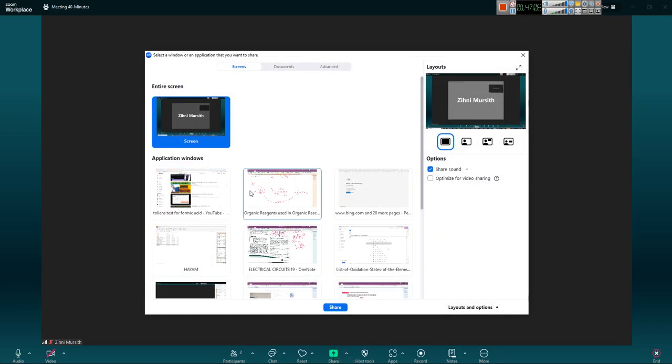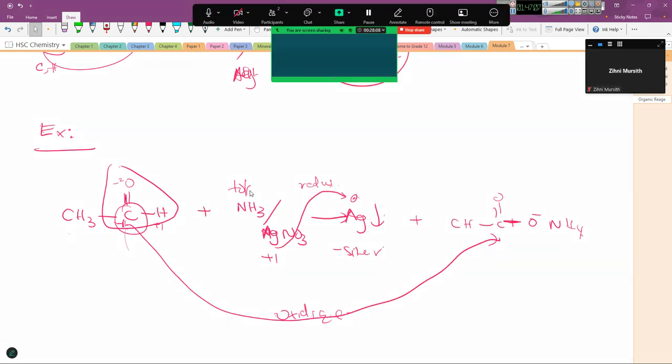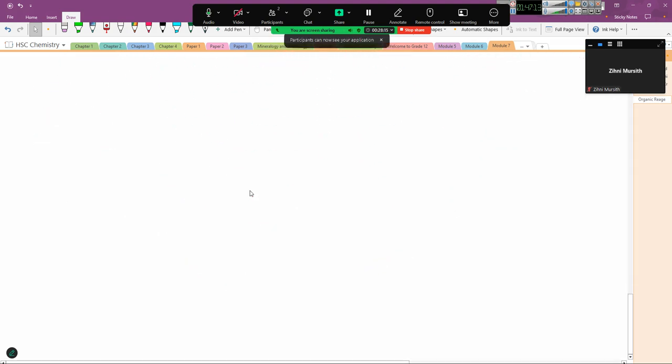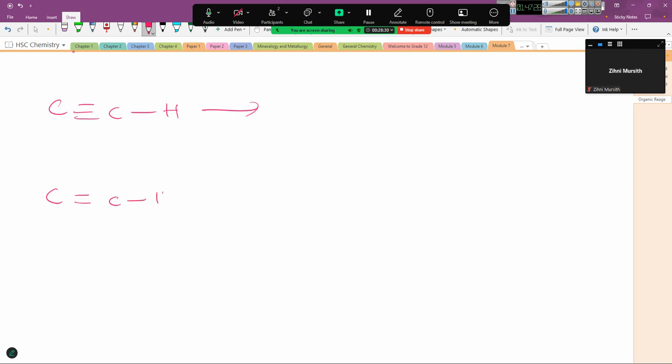Let me share the screen here. Right, so this is our first thing. Now there are some points you should remember. For example, if you have C triple bond CH, this will give a positive result with Tollens reagent. But if you have C double bond CH, will it give a positive result?